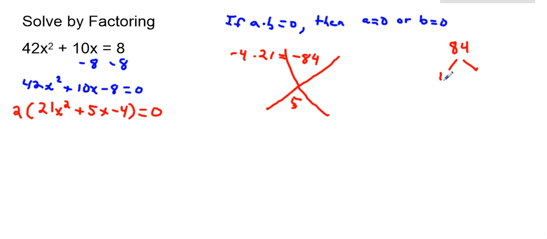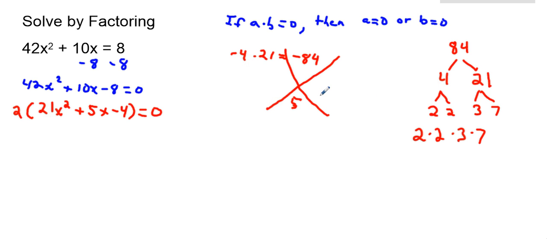It looks like 4 and 21. 4 breaks down to 2 times 2, which are prime numbers, and 21 breaks down to 3 times 7. So we're going to use the factors 2 times 2 times 3 times 7, which still equal 84. But now we're going to group factors and try to find the two that will give me 5.